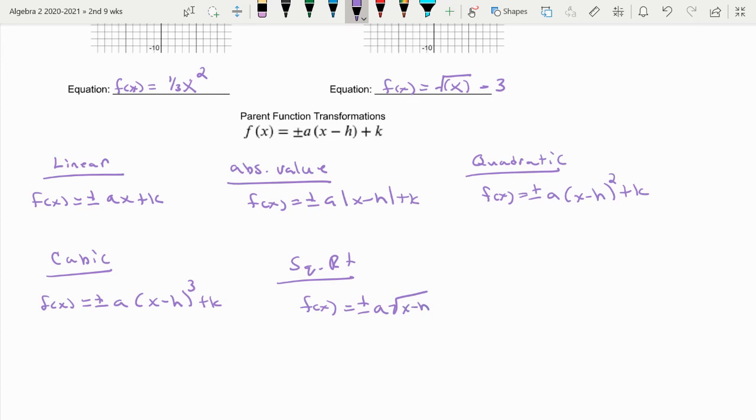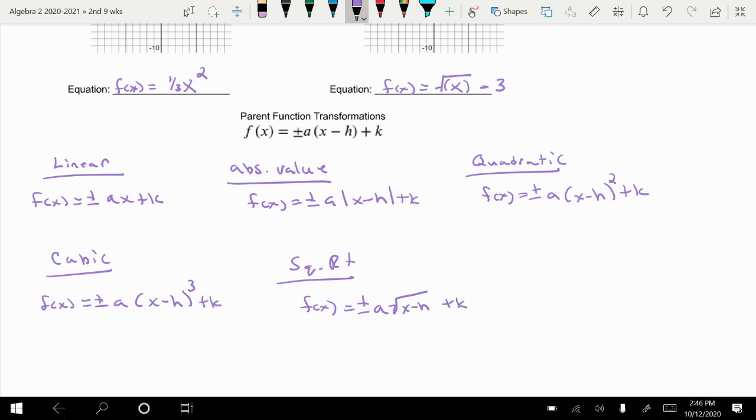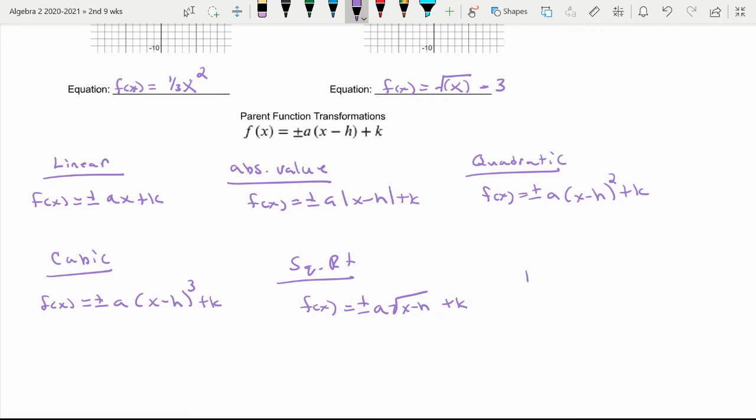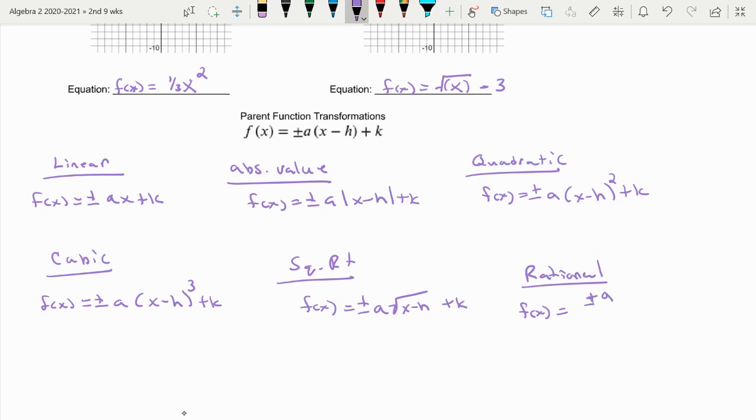Notice how h is inside because it moves left and right, and then plus k outside. And then we'll do rational. Rational is our hardest one. I just wanted to do a few here, but since this is the hardest one, it's kind of weird because a is on top in the numerator, and then what's on the bottom is the parentheses x minus h, and then plus k out here. Alrighty, guys, those are transformations and function notation.